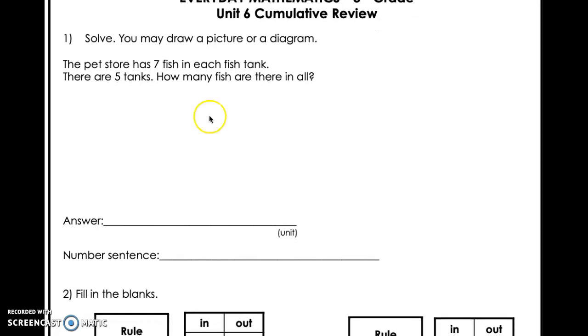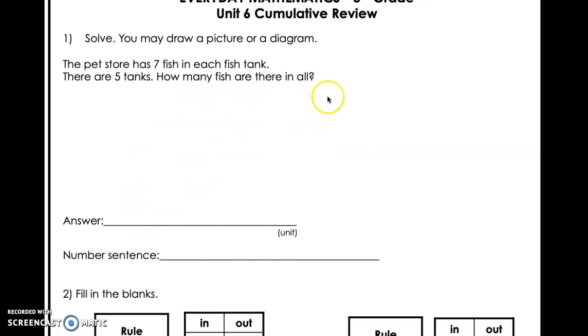First of all, solve. You may draw a picture or a diagram. So they want you to draw a picture or diagram. Make sure you do this. The pet store has 7 fish in each fish tank. Each is a clue word. That means we're going to multiply. There are 5 tanks. How many fish are there in all? Now you could draw a picture of 5 tanks and put 7 fish in each one, or you can just show me 7 times 5.